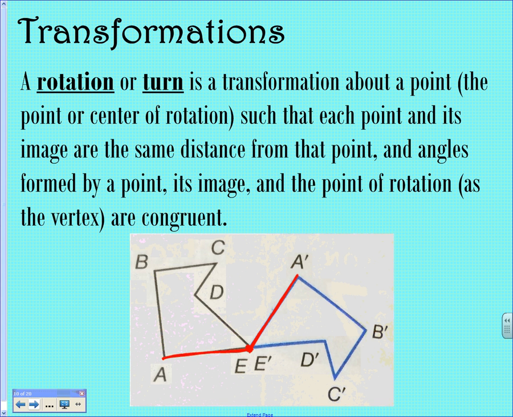This angle right here is the same as that angle there. And the same as that angle there. And I could draw another one for C, but the angles are all going to be the same. Y'all see how that works?